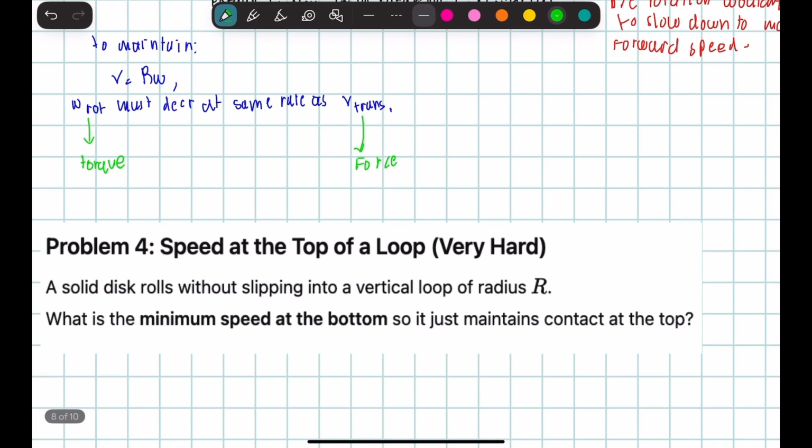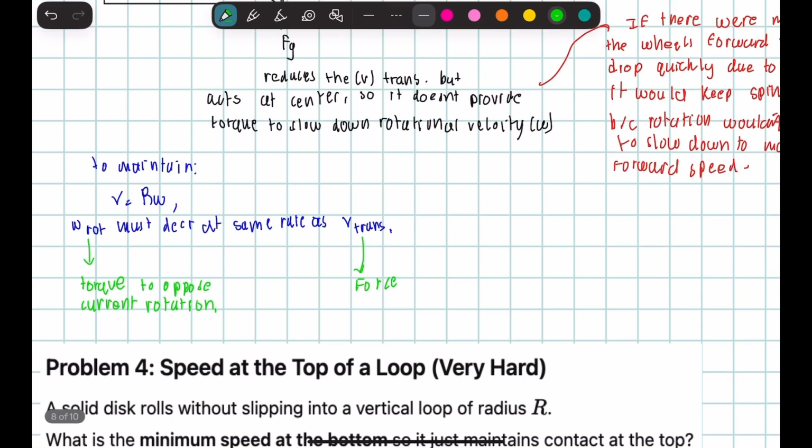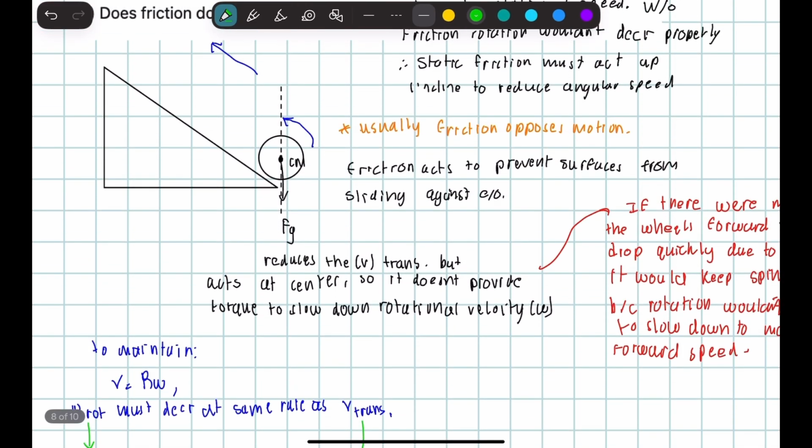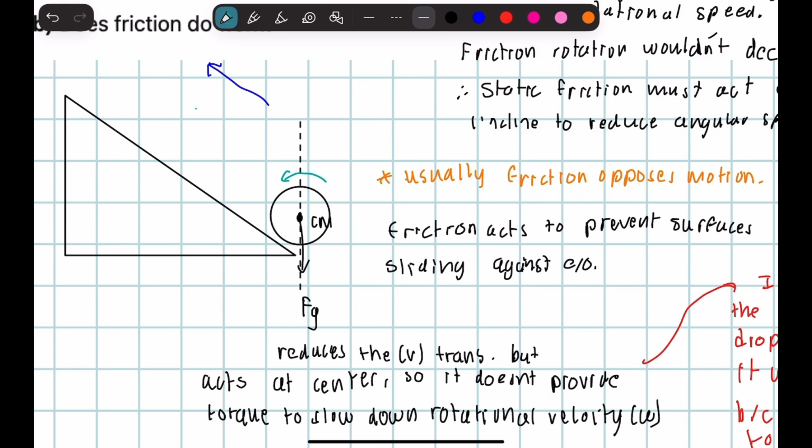So you need torque to oppose your current rotation. Because we know that it's going up the hill, it's currently going counterclockwise.